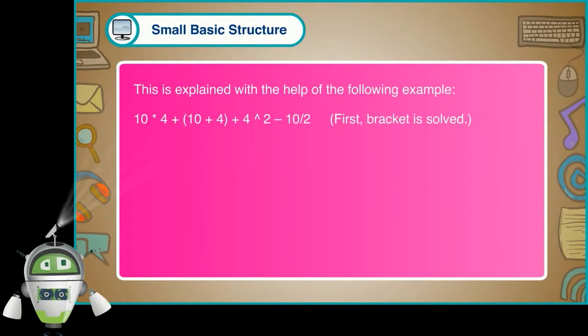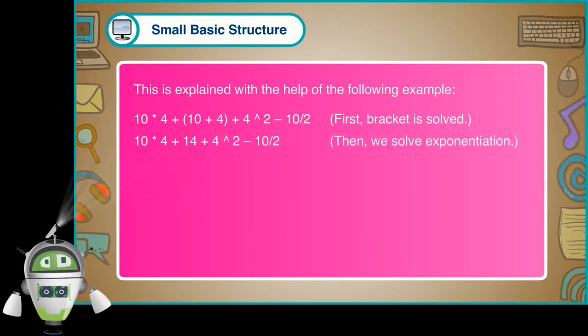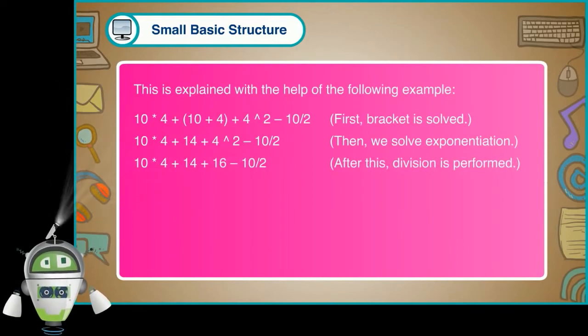10 multiplied by 4 plus (10 plus 4) plus 4 caret 2 minus 10 divided by 2. First, the bracket is solved. 10 multiplied by 4 plus 14 plus 4 exponential 2, or 4 caret 2, minus 10 divided by 2. Then we solve exponentiation. 10 multiplied by 4 plus 14 plus 16 minus 10 divided by 2.